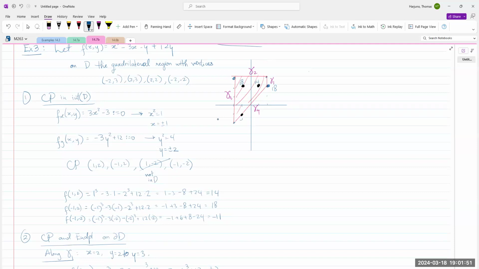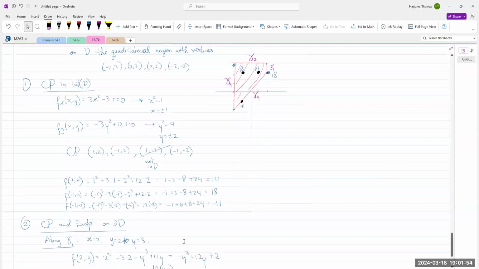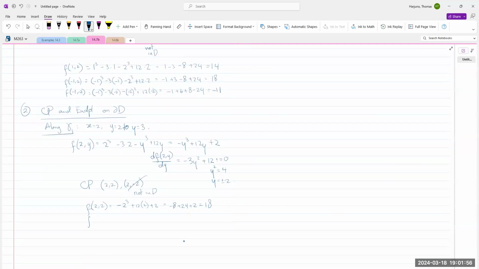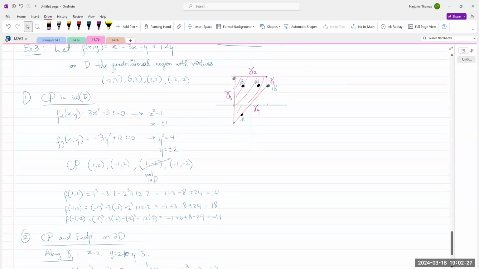And this is negative 11. At 2, 2, that's 18. f(2, 3) will be, sorry, not negative 2 cubed, negative 3 cubed plus 12 times 3 plus 2. That's negative 27 plus 36 plus 2, that's 11. So at 2 comma 3, notice how I put it here, that's 11.